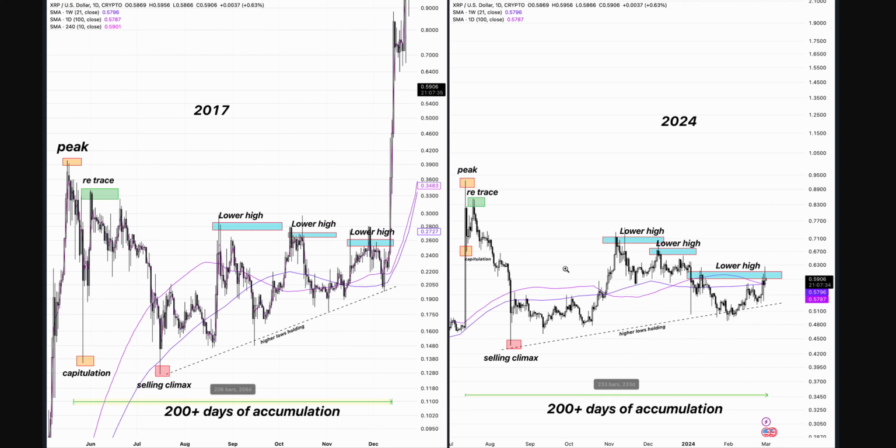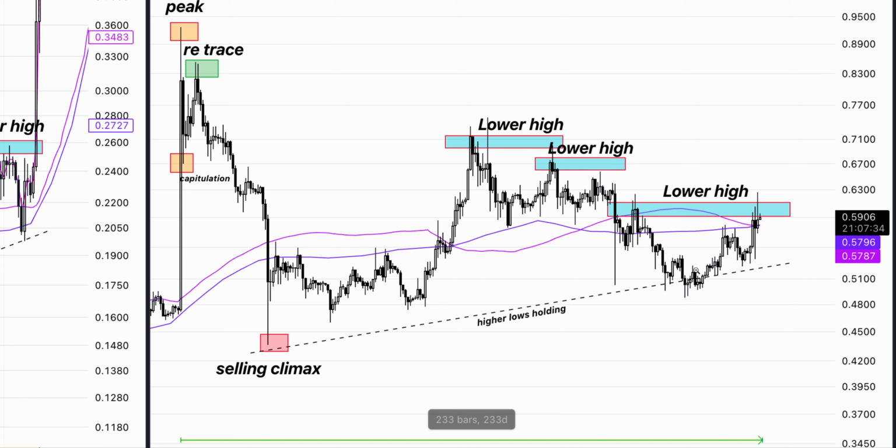So you can see that this is the exact same thing, and we also had 200 days of accumulation on both charts. So 2017, 200 days of accumulation, 2024, 200 plus days of accumulation. So now we're rallying.